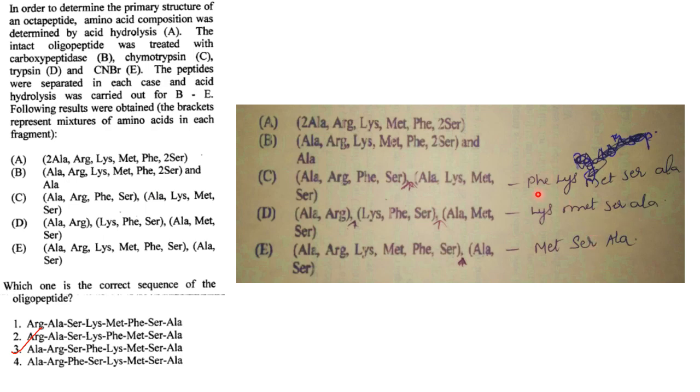Now comes the turn of phenylalanine. Phenylalanine would be present before lysine. So phenylalanine, lysine, methionine, serine, alanine. So that comes in option B, and your answer is option 3. The next will be alanine, arginine, serine. Answer is option 3.